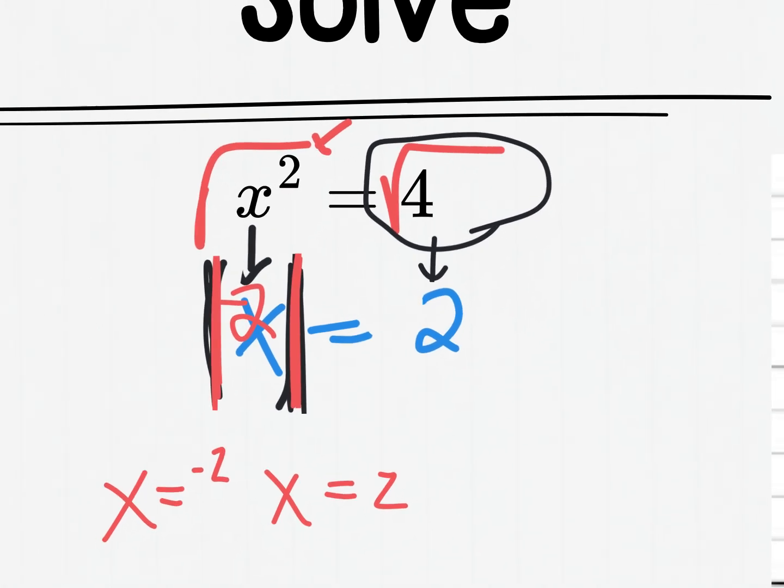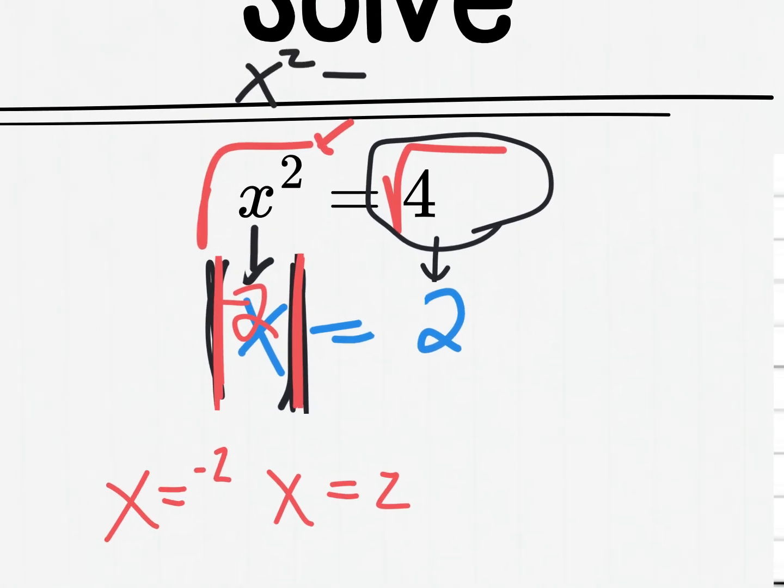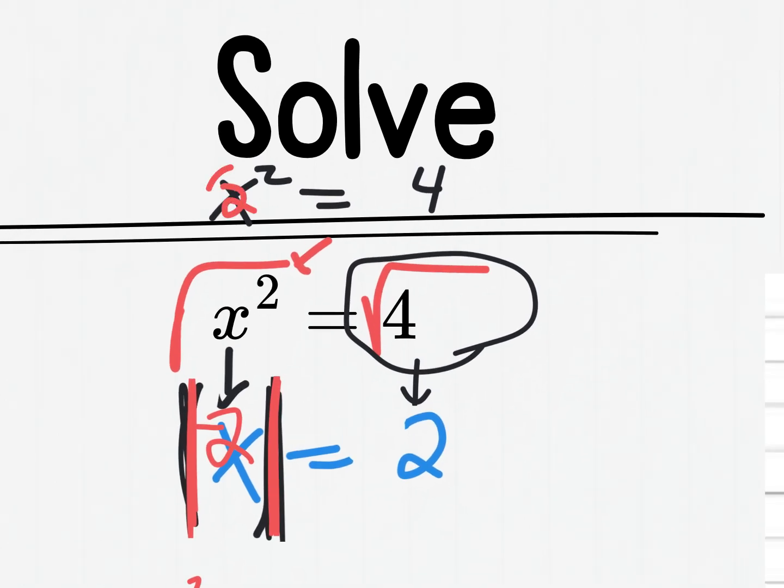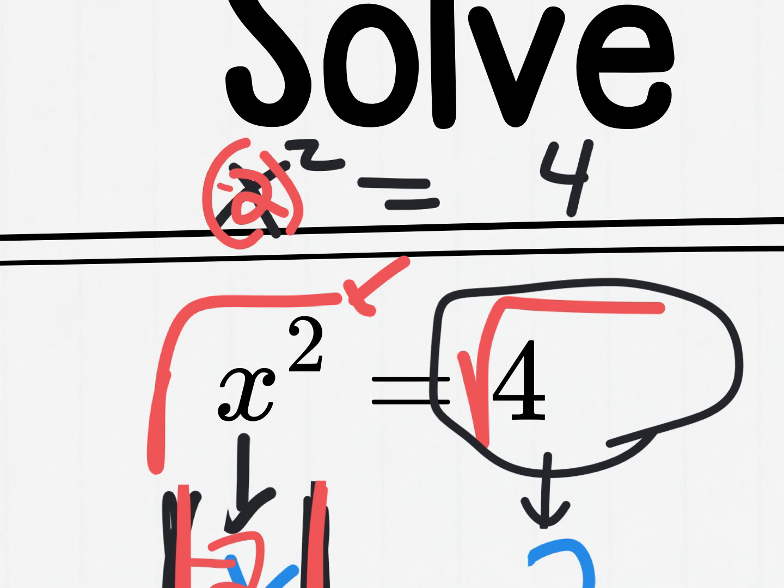If we back up to the original problem, x squared equals 4. If I put a 2 in here, it works. But also, if I put a -2 in here, in parentheses, because that's what an x is, an empty parentheses, it'll also work.